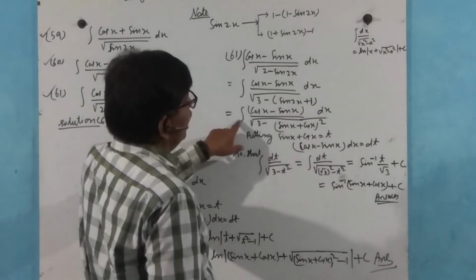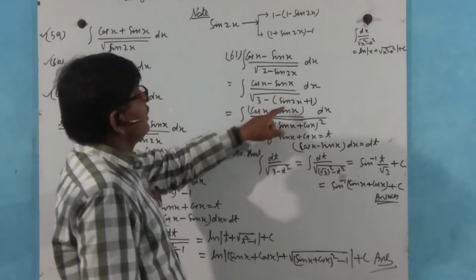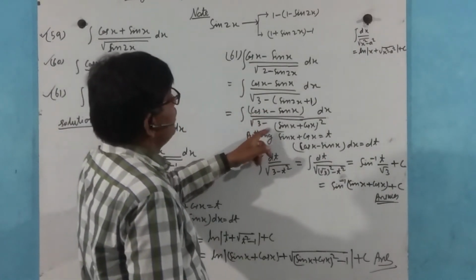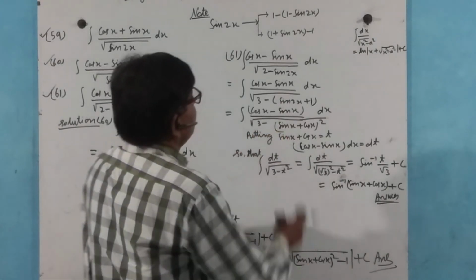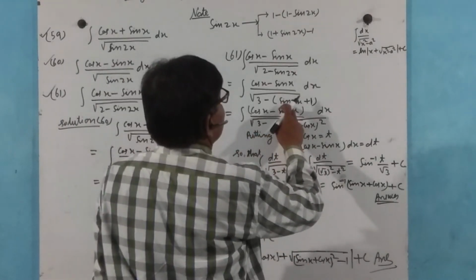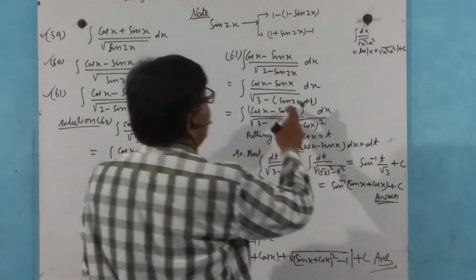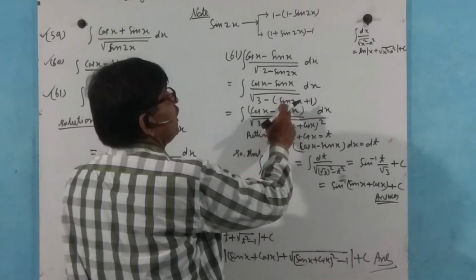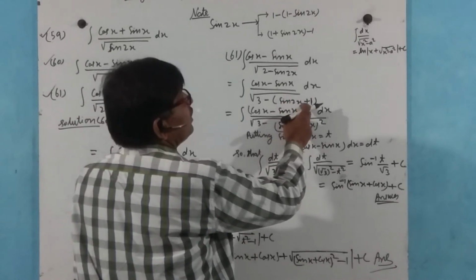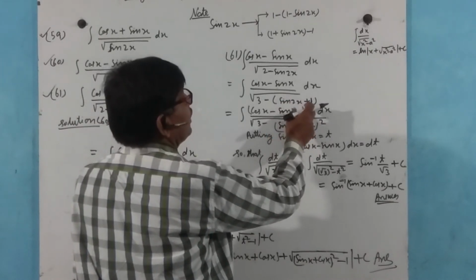Now integration of (cos x minus sin x) divided by under root of 3 minus (sin x plus cos x) to the power 2, because when we expand this we get 2 sin x into cos x plus sin square x plus cos square x.